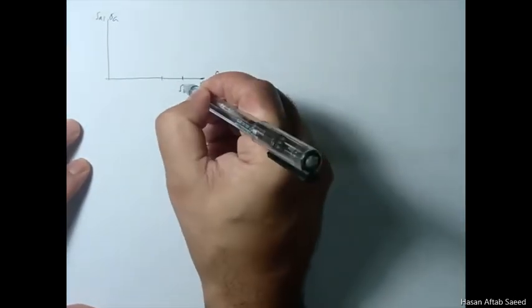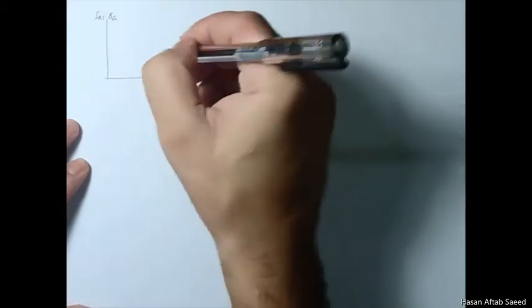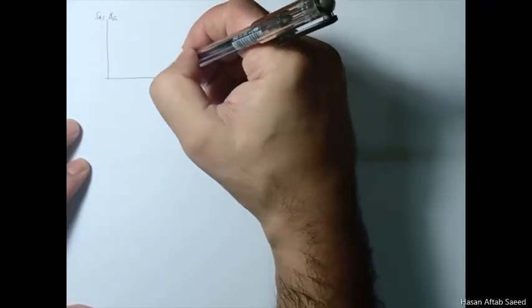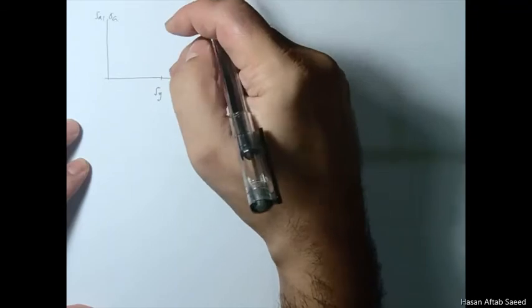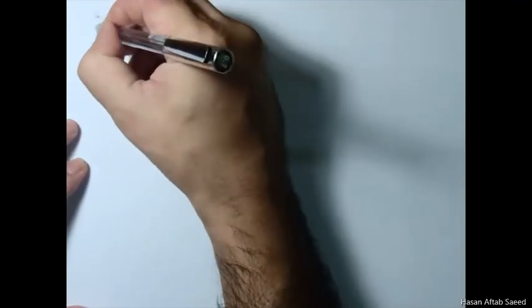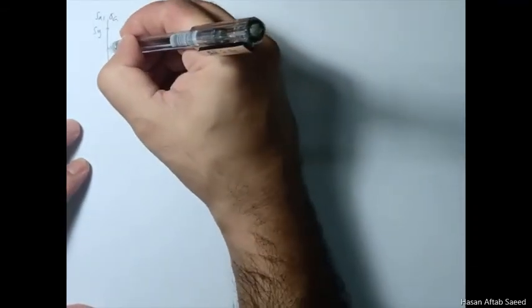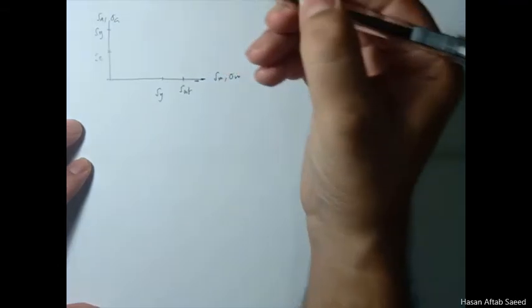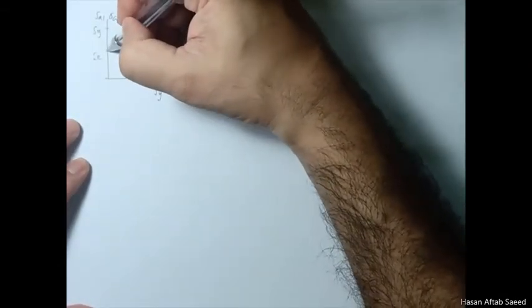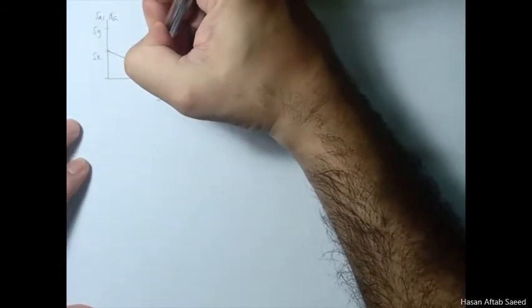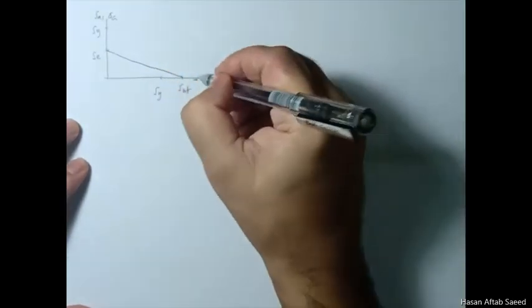About 75% of SUT is SY. I'm just drawing it on a rough scale, and you have the same SY here, and half of SUT is roundabout SE. So this was your modified Goodman line.